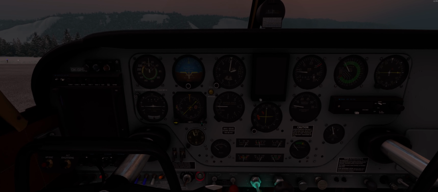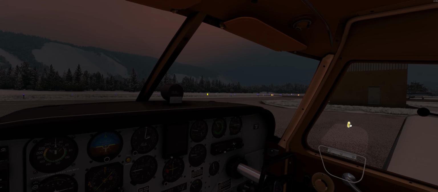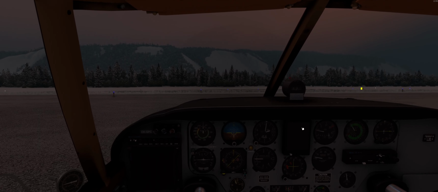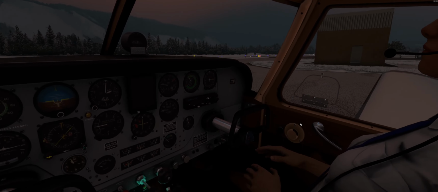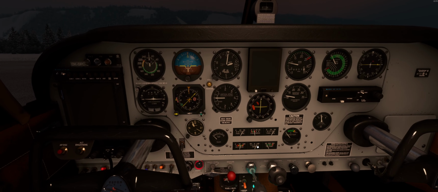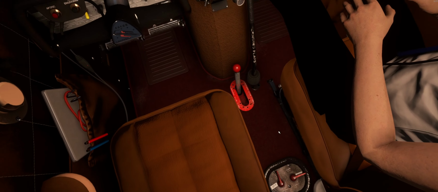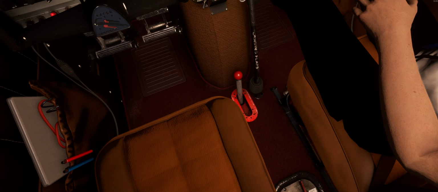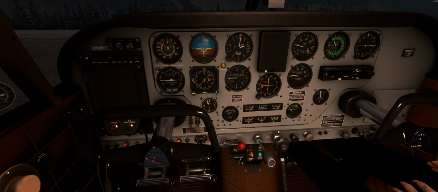Reduce the mixture a bit. Nice. Right, now I can do white light. We are charging the battery. We have enough fuel. We will do right tank. Great. Nav lights.